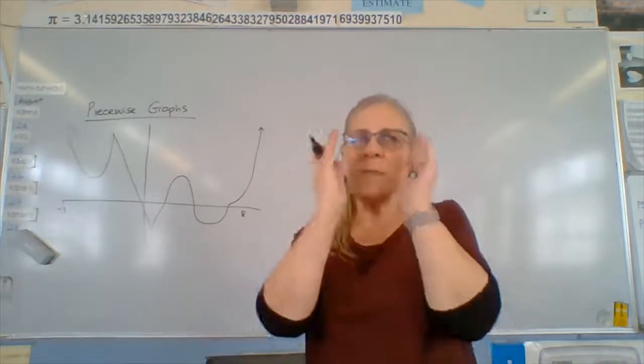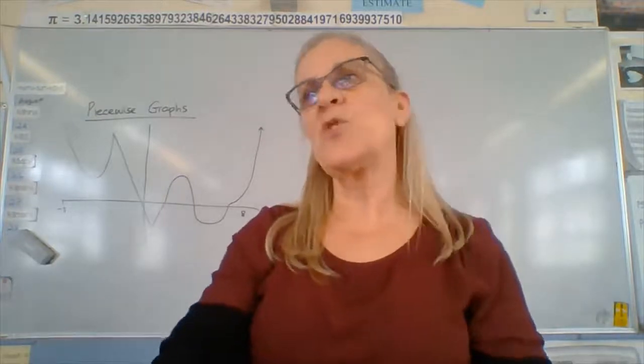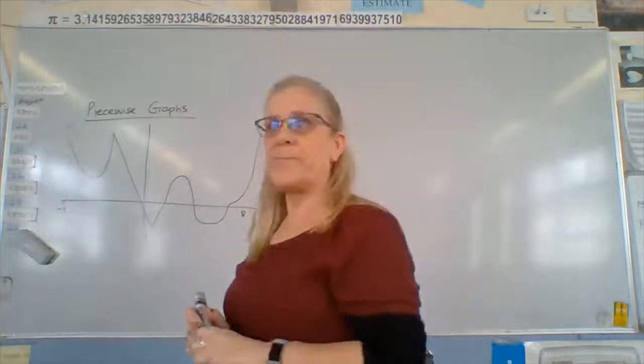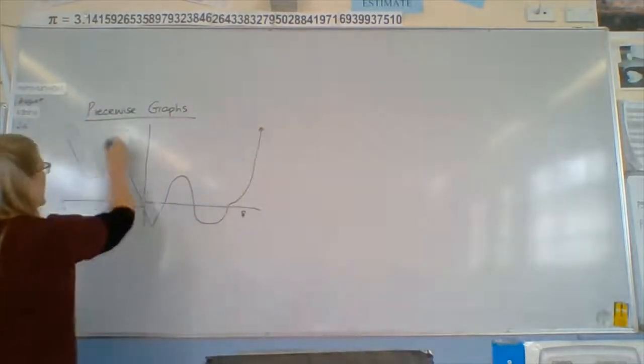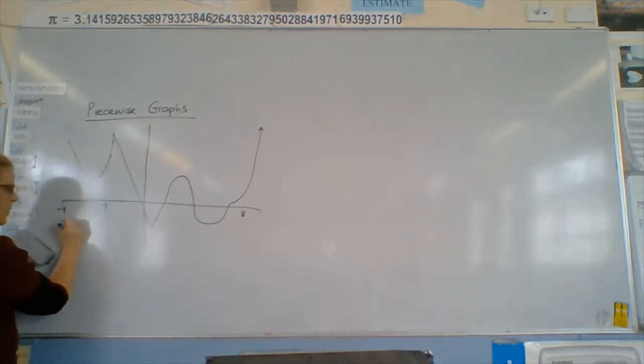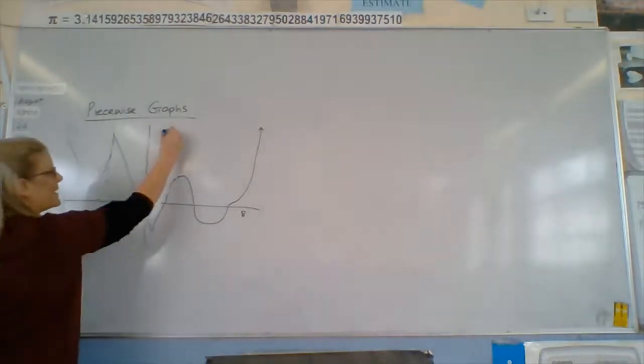And a piecewise graph means we need to cut it up. So we want to cut it up as though each piece belongs to a graph. So what can you see in the first one? A parabola. Good. So we cut here and say, okay, at -3, this is a parabola. All right, what next? An absolute value to here.